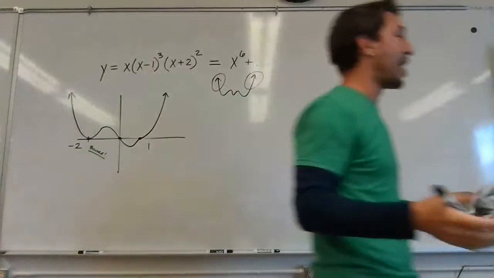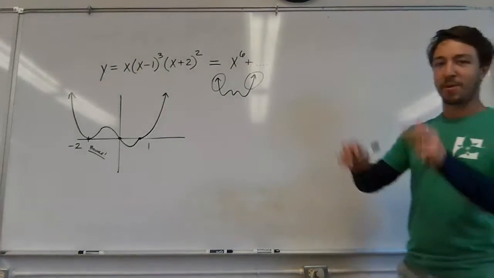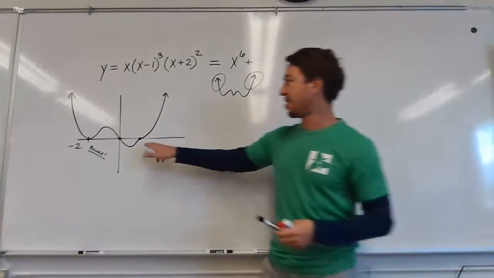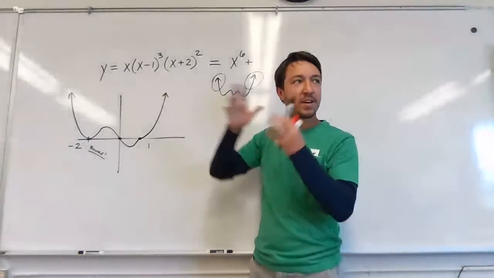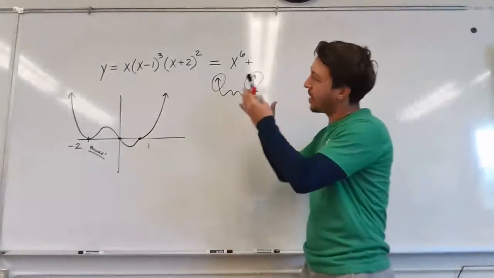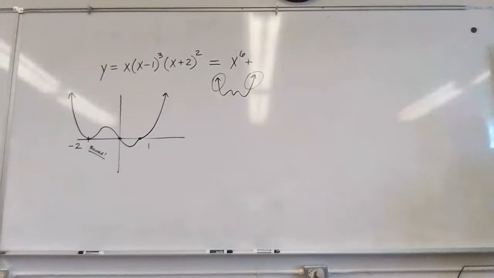I know it's very minor, but I just think it's worth mentioning. It's kind of interesting how the function remembers where its zeros came from. This 0 was generated by this cubic term, and that's the kind of behavior you'd see at the 0 in that cubic term.